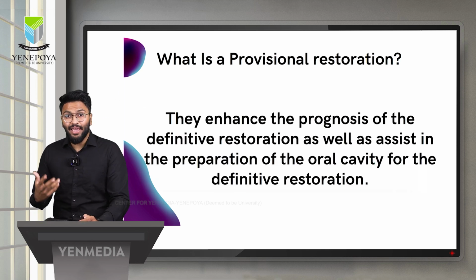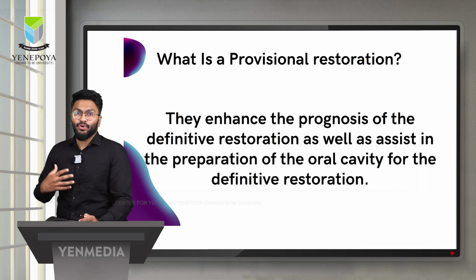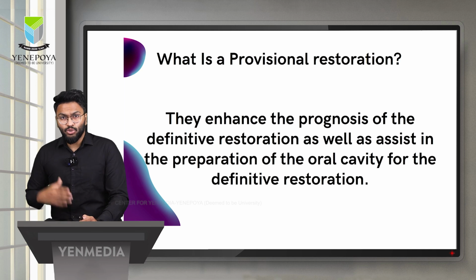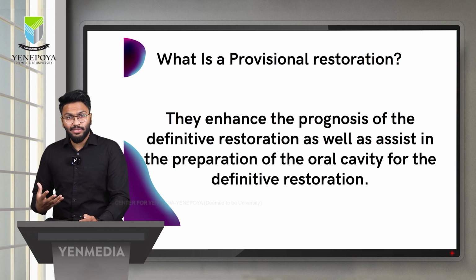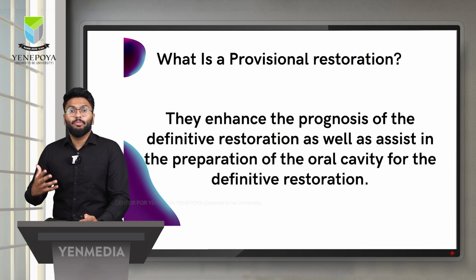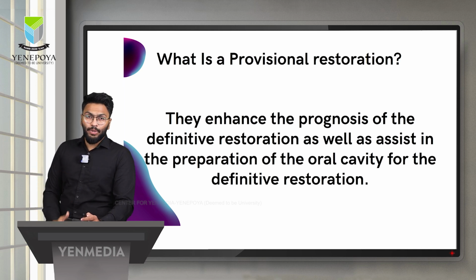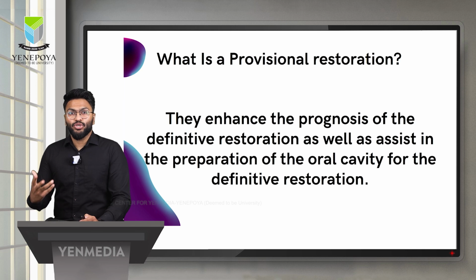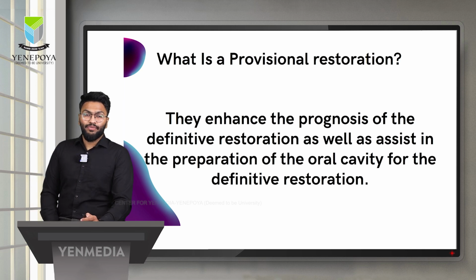They basically enhance the prognosis of the definitive prosthesis as well as assist in the preparation of the oral cavity for the definitive restoration. So it also assists a dentist to plan how the preparation of the tooth should be done to get a good definitive restoration.